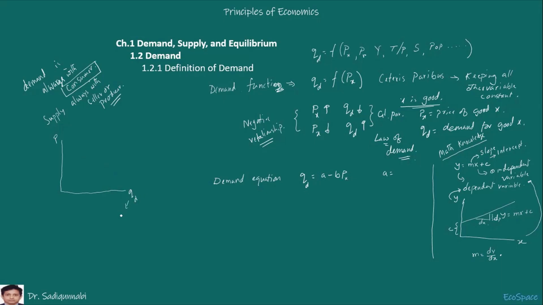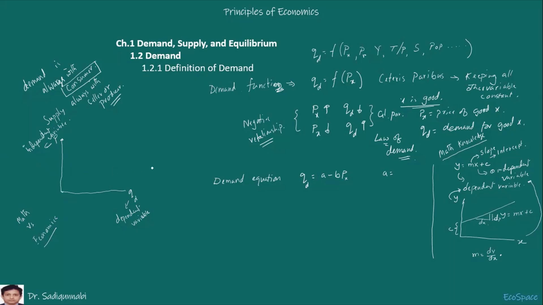So QD is the dependent variable, and price is the independent variable. What is the difference between math and economics? In math, we take this axis as the dependent variable axis, but in economics, it is the independent variable axis.